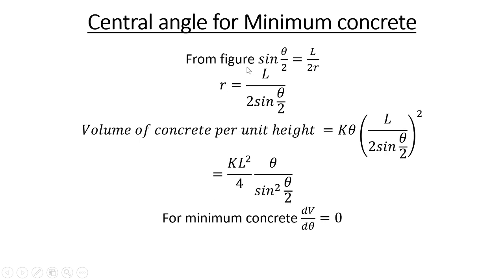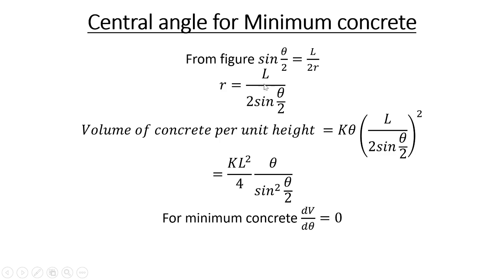So from figure, sine theta by 2 equal to L by 2 divided by r, means L divided by 2r. Cross multiplying this r and sine theta by 2, this equation changes to this format, r equal to L divided by 2 sine theta by 2.